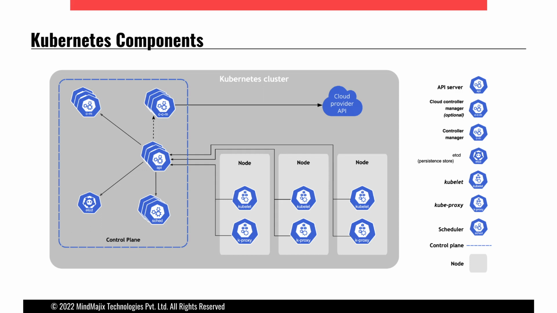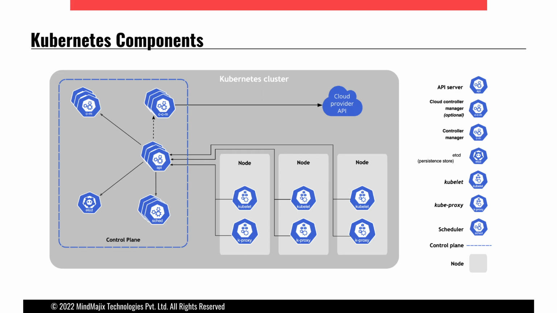It manages networking, storage, application deployments, API calls, and the processes within the cluster. All these things are managed, and it stores all the cluster related data in the master plane.